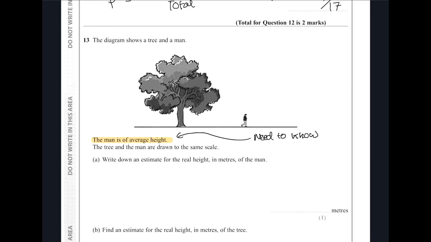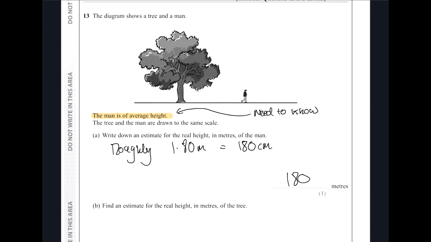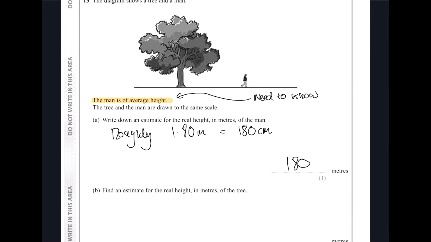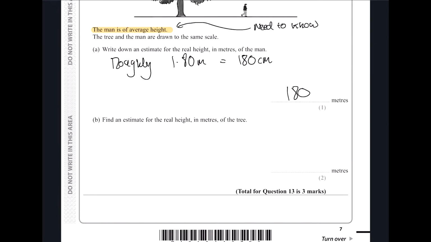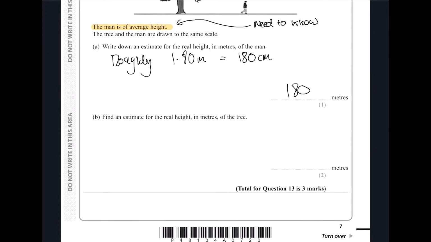In my head, the average height of a man, at least in the UK, is roughly 1.8 meters, which is the same as 180 centimeters. For questions like these, when it's estimates, sometimes there's a range in the solution, so don't worry if you're a little bit off. You should get it right if you write something reasonable.